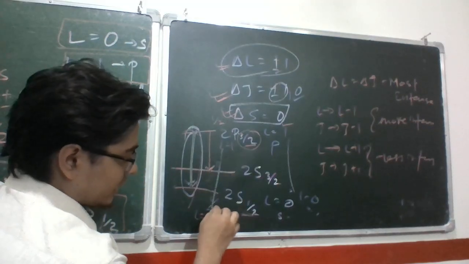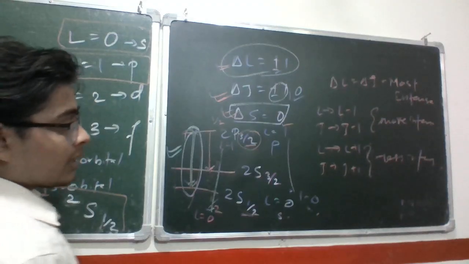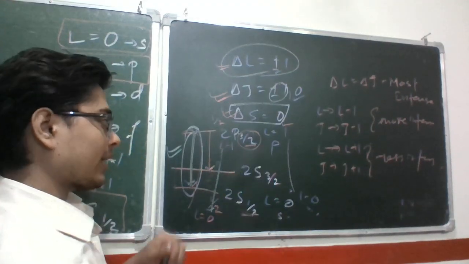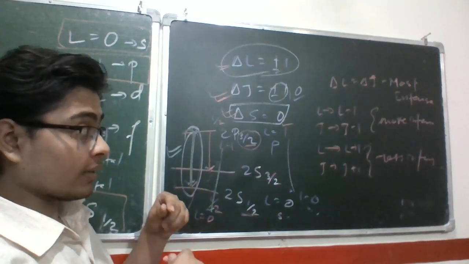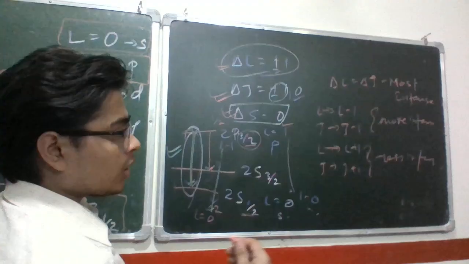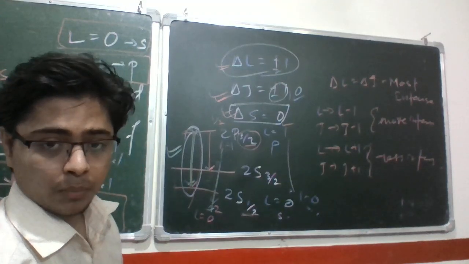So it decreases, right? So this is more intense than those. We don't have that right now, those spectral lines for which L increases. We don't have that in our particular example.